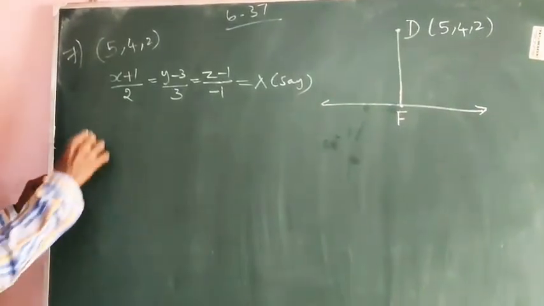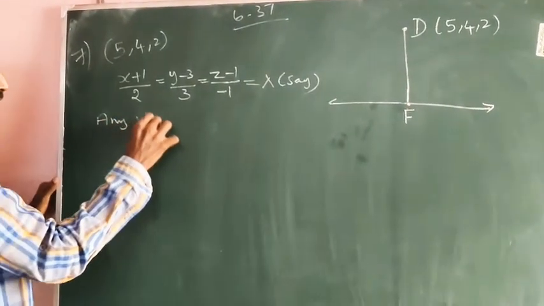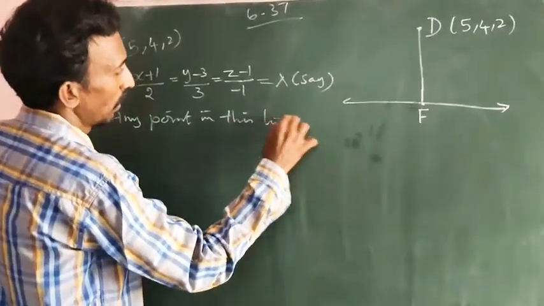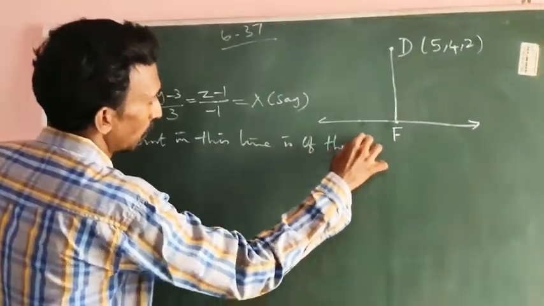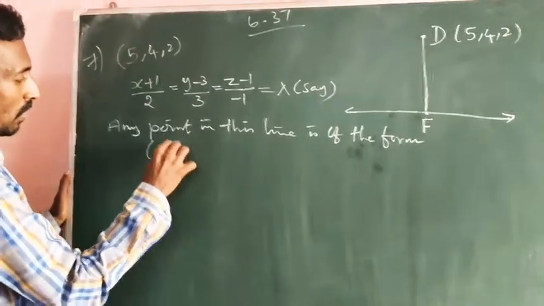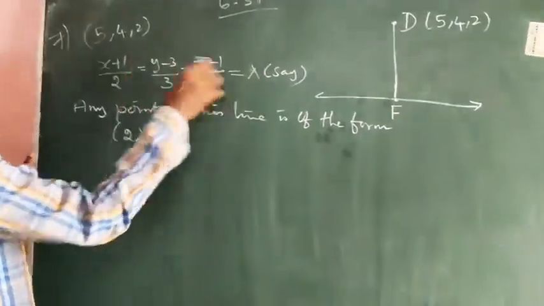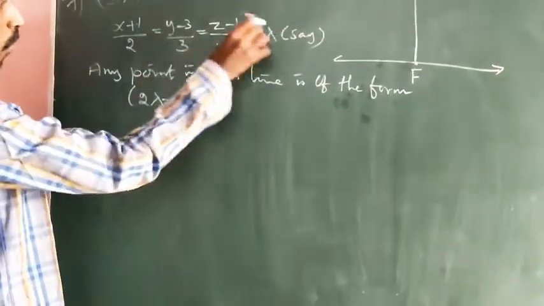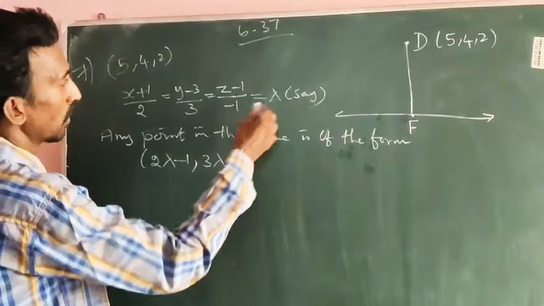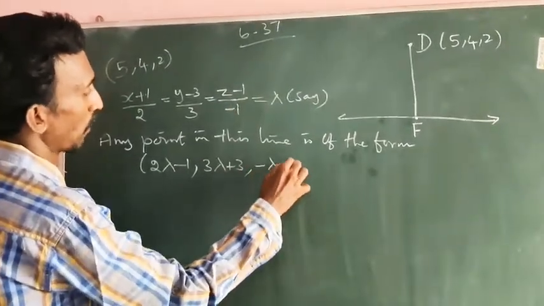Write down any point in this line in the general point form. So 2 lambda equate x, 2 lambda minus 1 equate y, 3 lambda plus 3 and equate z minus lambda plus 1.